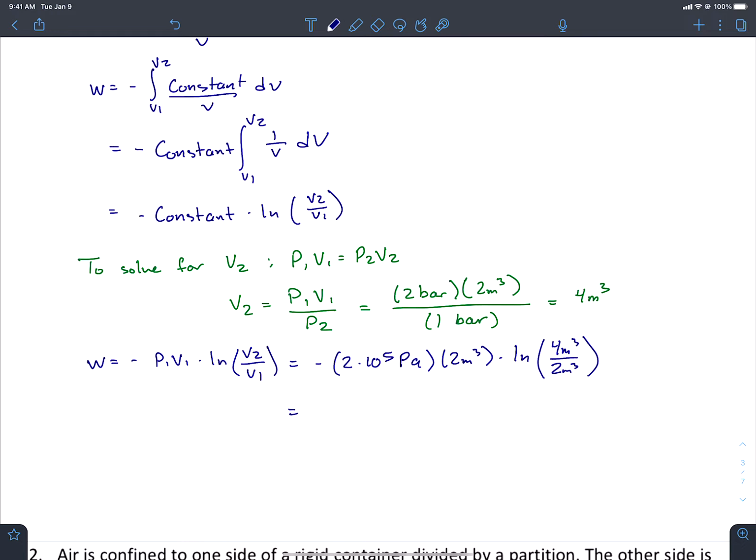And this is negative 277,258 joules, or for shorthand, negative 277 kilojoules.